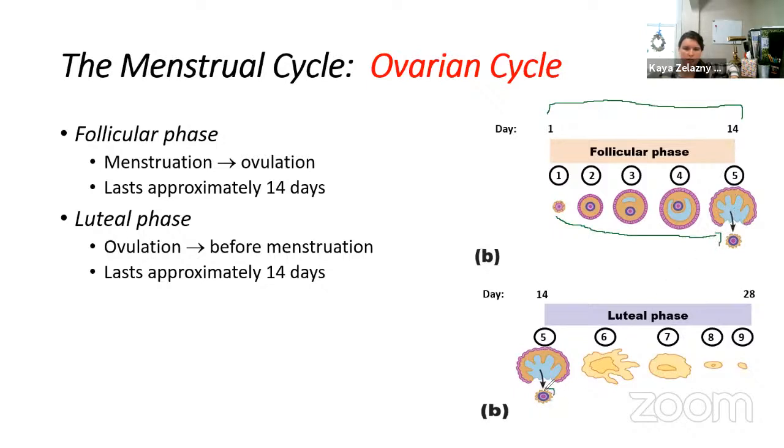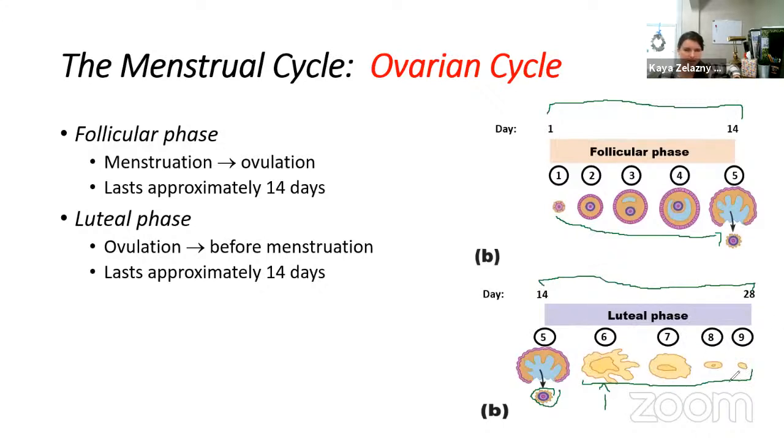When our oocyte is released, the follicle then collapses, creating the corpus luteum. And so the second half of the menstrual cycle is called the luteal phase, because we don't have the follicles developing anymore. We have this corpus luteum degenerating. That's actually kind of interesting because the corpus luteum is going to be releasing hormones.